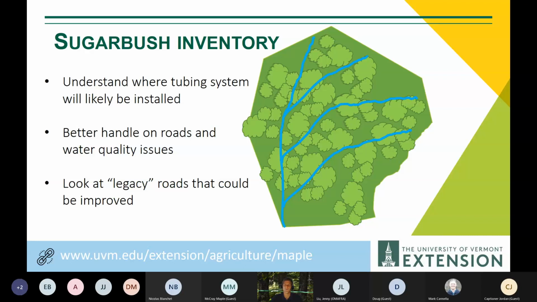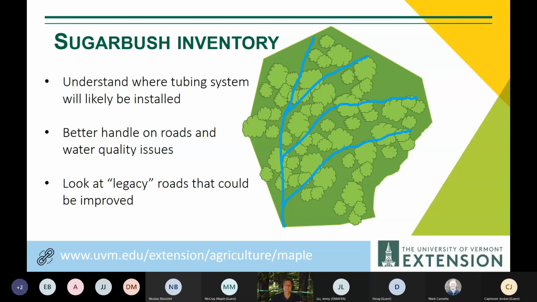So if it's an old skid road that went right down the slope and has perpetual issues with erosion, these are roads that could be improved, or even put to bed and abandoned, in exchange for something that is easier to travel on and less prone to erosion. All these things will come up when you're doing an inventory and checking the entire property.